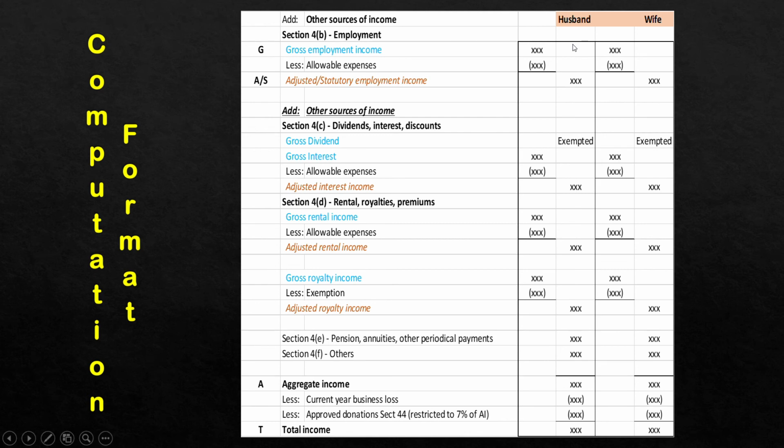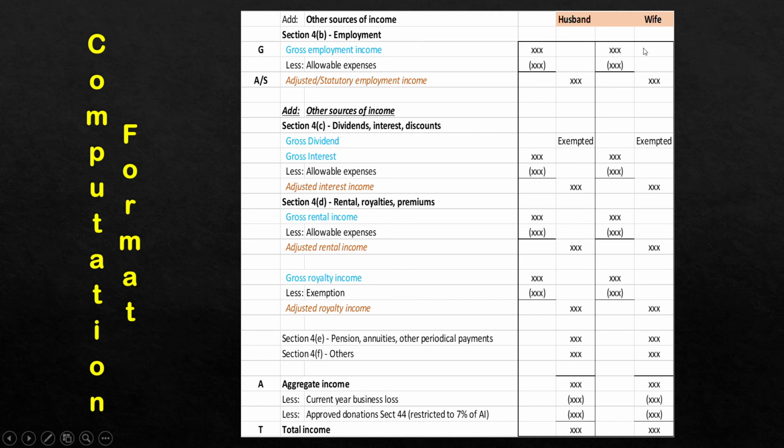In the case of the husband, we determine what income is received by the husband. Later you get aggregate income for the husband minus any donations he had, and therefore you have total income. The same goes for the wife.